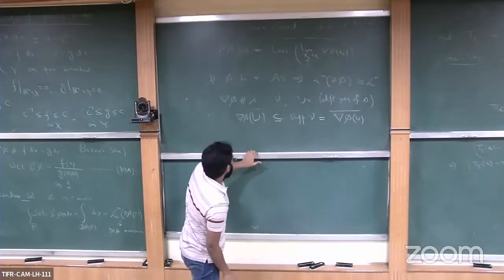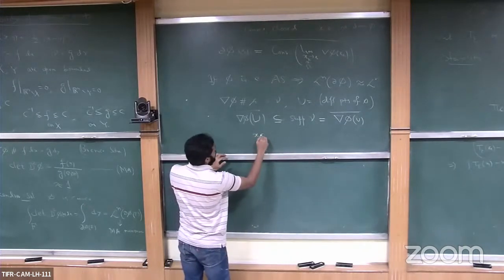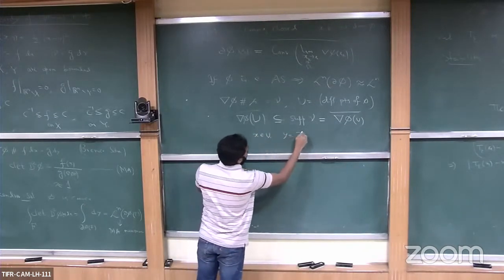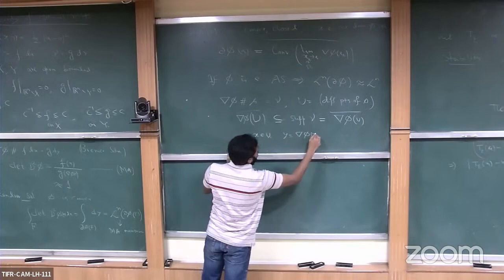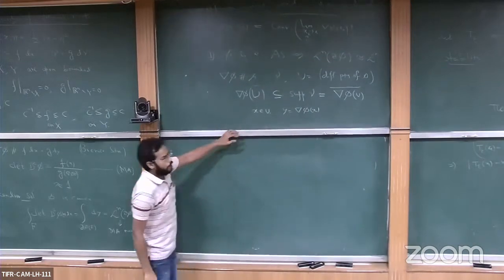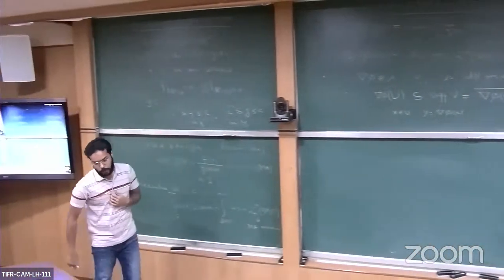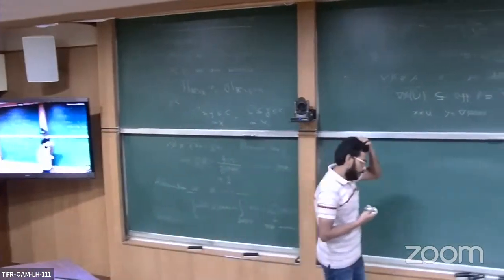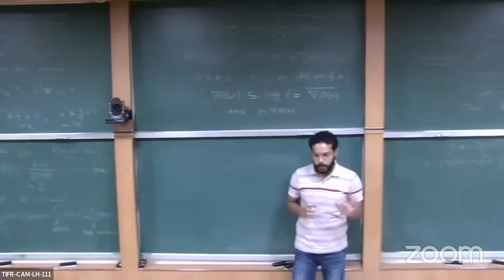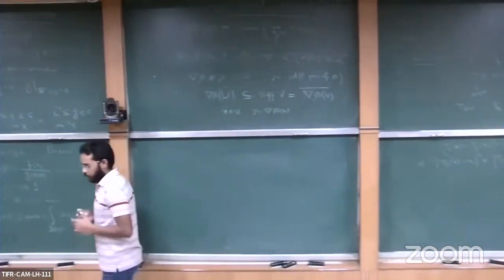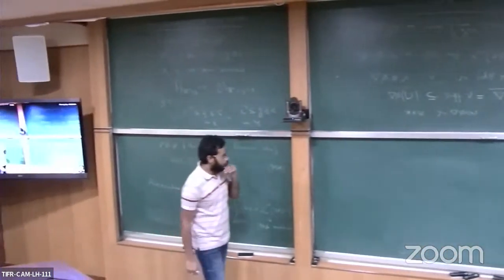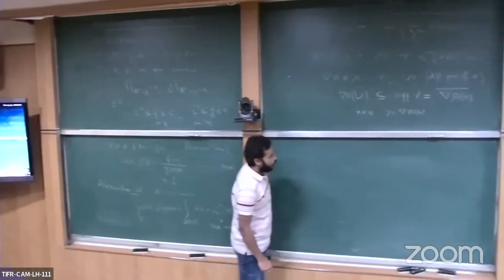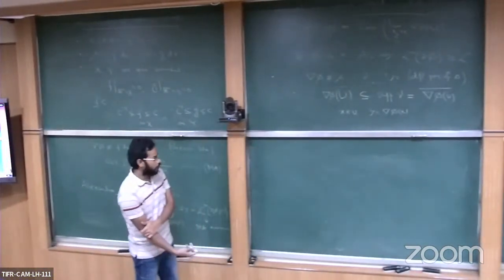So this follows from this: let us take a point x inside U and let us denote y equals gradient φ of x. Now here is another property of the subdifferential of a convex function. If a convex function is differentiable everywhere, then it is C1. So you don't even need to prove the continuity of the derivative, which results in something called the outer semi-continuity of the subdifferential.